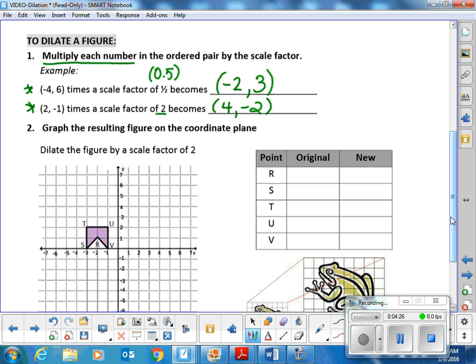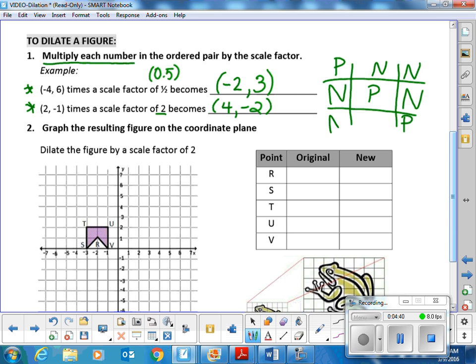But if you want to remember your integer rules, just remember we went back, do your tic-tac-toe board where you have positives going diagonally and everything else is negative. Remember these from your integer rules? So if I did that, I have a negative times a positive, which is this one right here. Negative times a positive still gives me a negative, so I know that my answer there has to be negative.